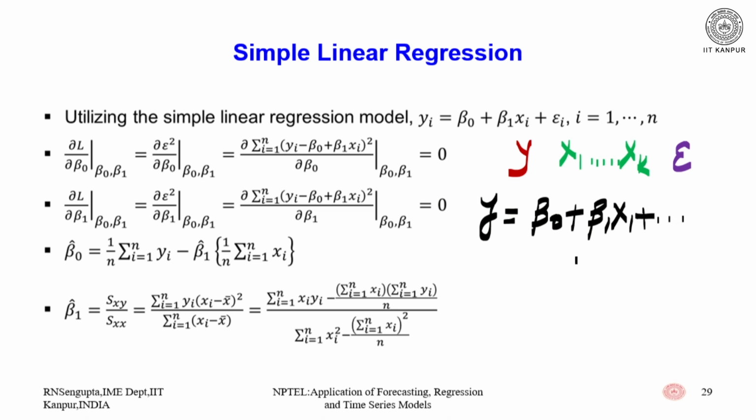Similarly, the last term is beta k into xk, where beta k is the rate of change, or regression coefficient, of y with respect to xk, provided x1 to x(k-1) are constant, plus you have the error term.